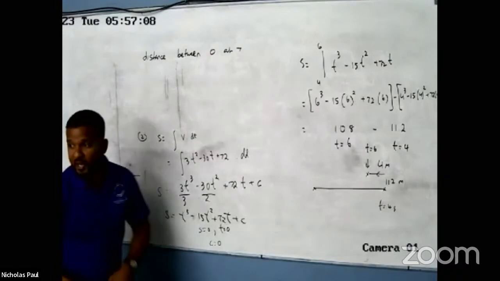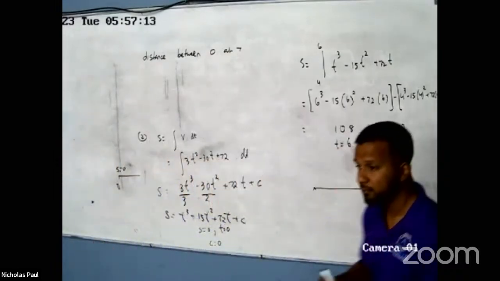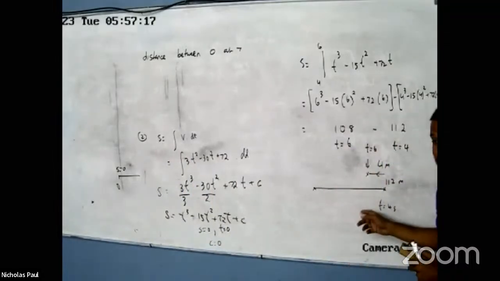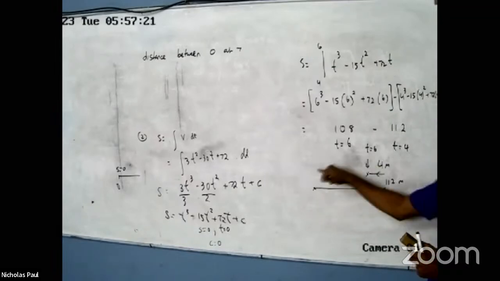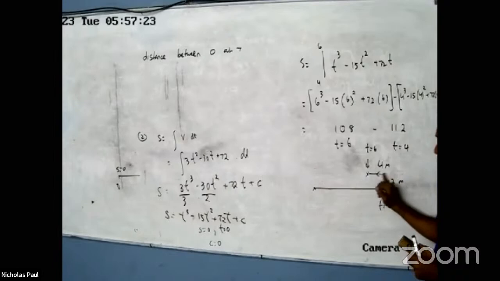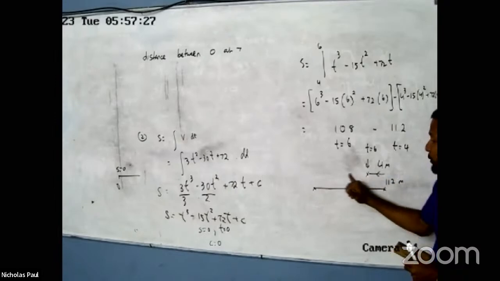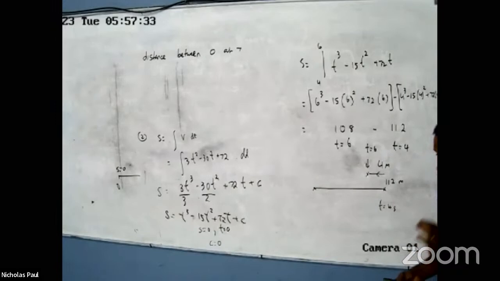So you cannot just plug in 0 and plug in 7 and subtract. Here's what appears to have happened. When they reached 4 on this top, they went in the next direction. When they reached 6, they just stopped. So we're not sure if they continued in that direction or went back this way. So we need the total distance traveled.